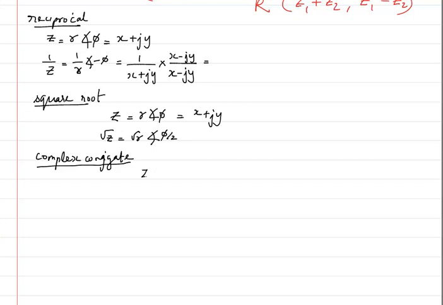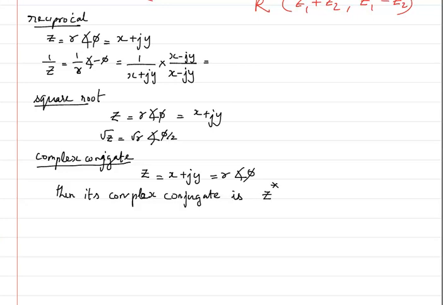If you have a z, which is x plus jy, or which is written as r angle phi, then its complex conjugate we write as z star.